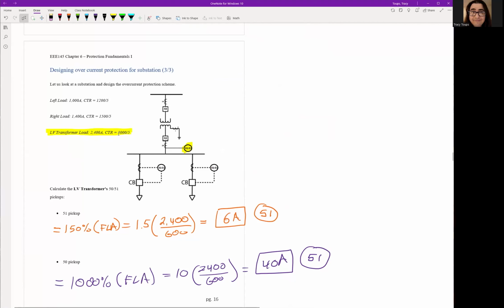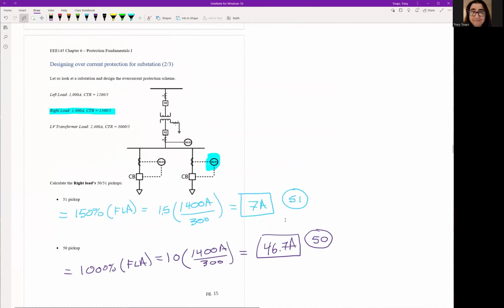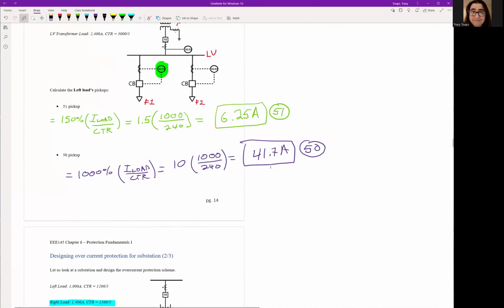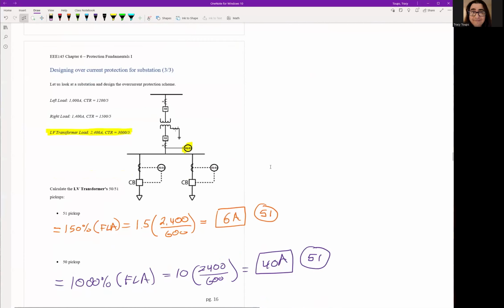The CT ratio takes your load current and normalizes it to a standardized 5 amp current that the relay sees. So no matter how big or small our load current is, if we choose a correct CT, the tap settings or pickup settings on the relays aren't going to be too off. Again, 6 and 40, 7 and 46, 6.25 and 41, they're all roughly the same.